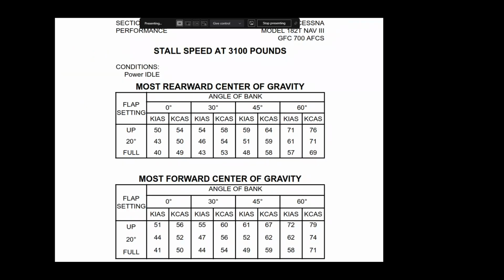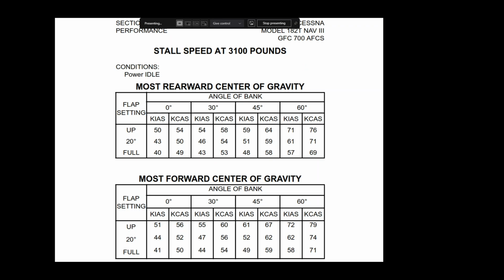Okay, that's a good guess, and that's the table we have here. This is from a G1000 182, and of course, the center of gravity does affect it. For 45-degree bank, let's say most forward center of gravity, just like the CFI, instructor, and then you in the training, 2 people in the front. 45-degree bank, the stall speed with no flaps is going to go from 51 to 61 indicated.